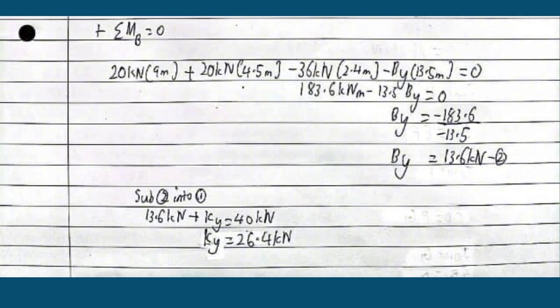The total will get 183.6 kN·m minus 13.5 By equals 0. Then we change side and divide, and we will get By equals 13.6 kN, which is equation 2. We substitute equation 2, which is 13.6 kN, into equation 1, and we will get Ky equals 2.4 kN.